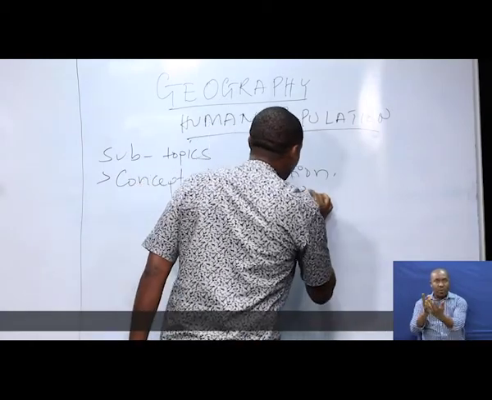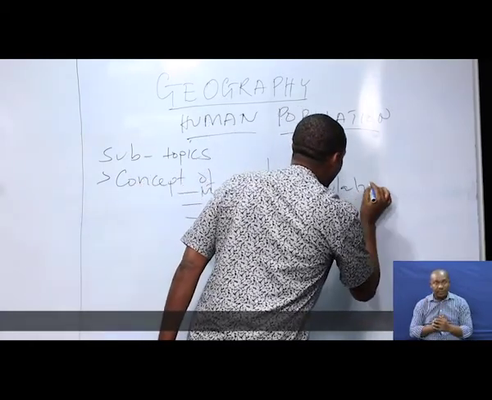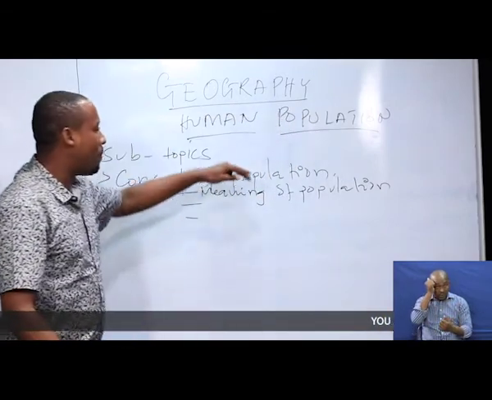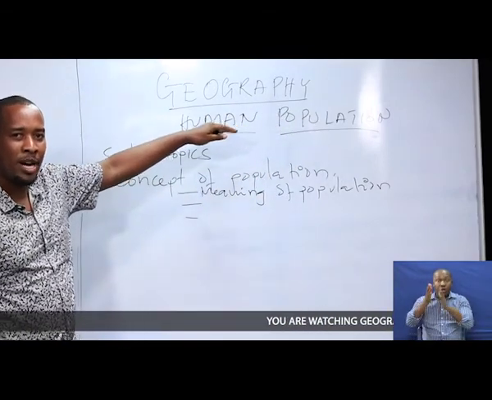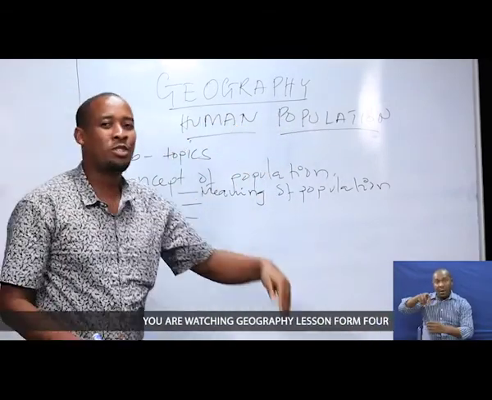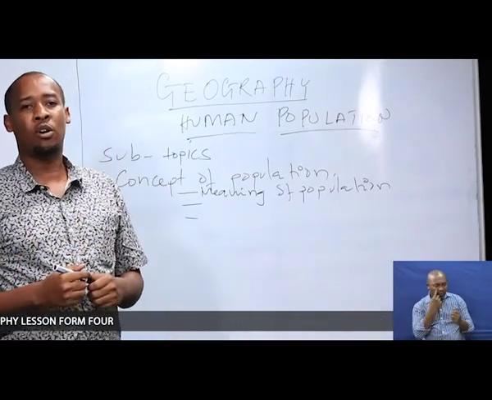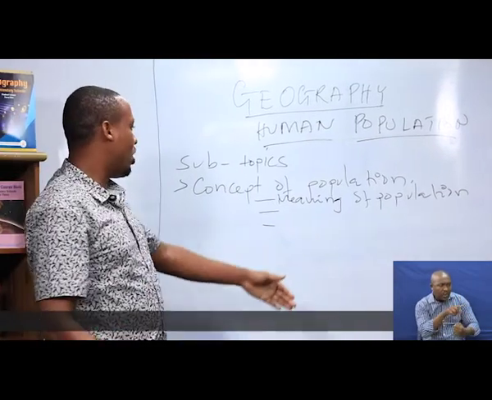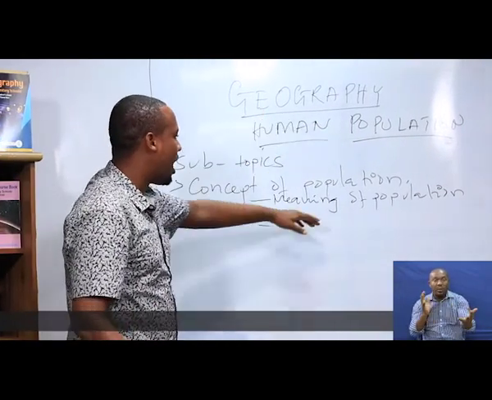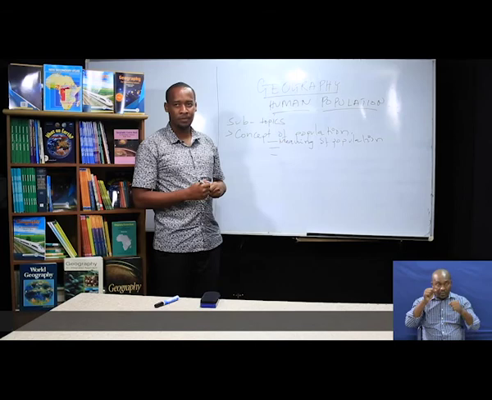of population. Remember, our topic is human populations, but we are supposed to trace back where human population originated. So before knowing the meaning of human populations, we are supposed to know the meaning of population.